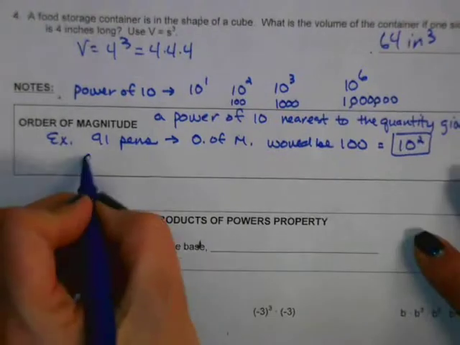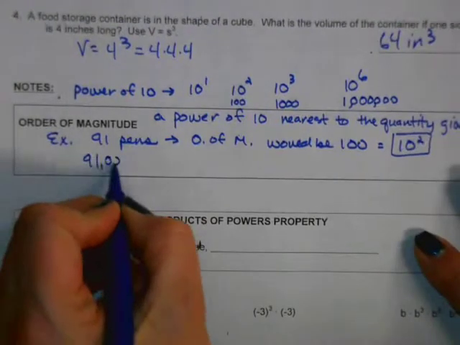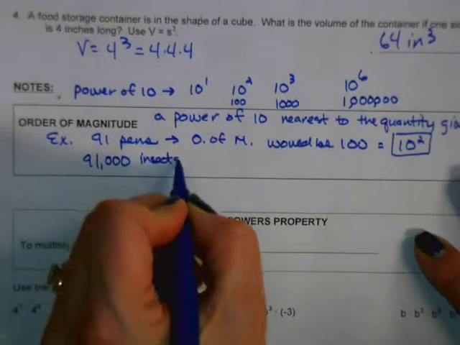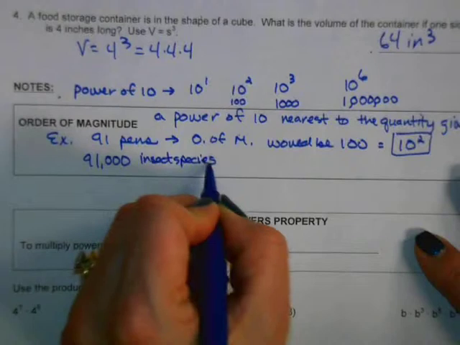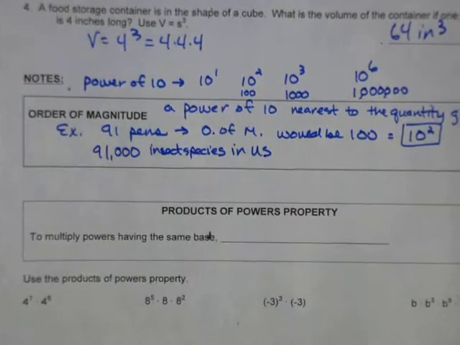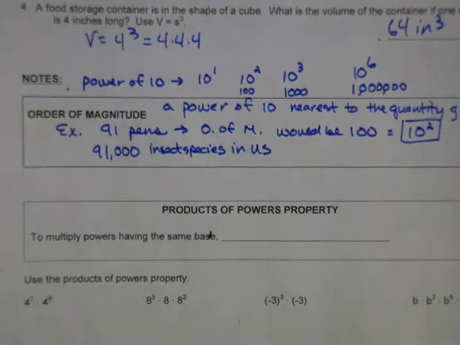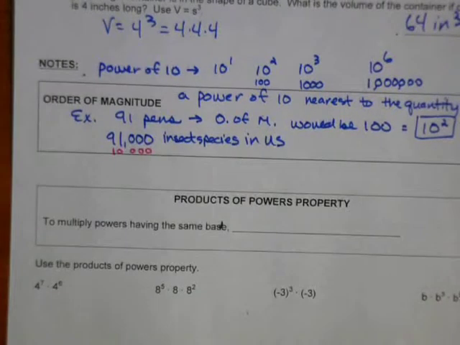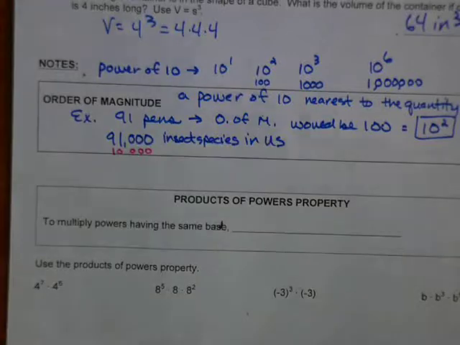Now let's do another one. Let's say I read this in the book. I did not know this. There's 91,000 insect species in the U.S. If I had to write that as the number closest to the power of 10, I'd say, okay, is 91,000 closest to 10,000 or the next one up?